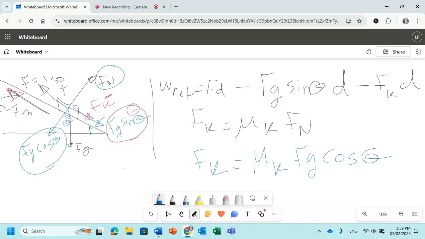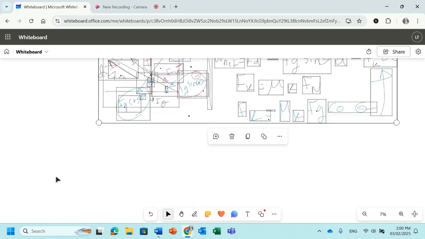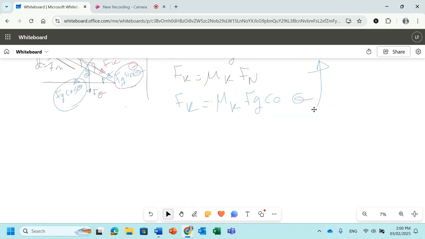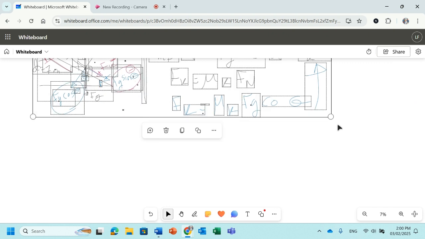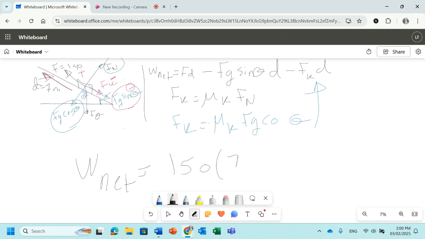Now I'm going to substitute the value of Fk. So W net will be the value of F, 150, times 7, minus Fg.